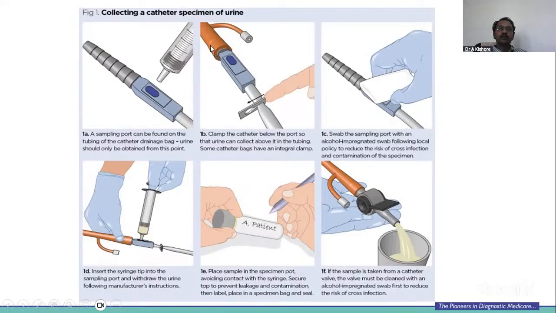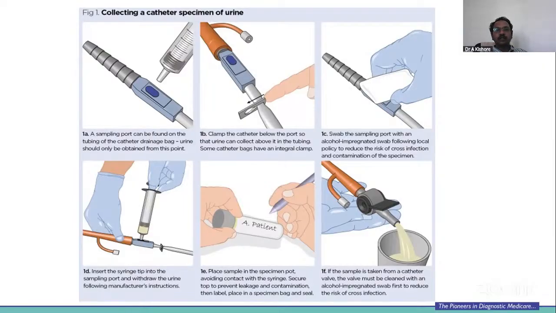This is the catheter which is going into the urethra of the patient, and distal to that part you clamp it initially so that the urine will not pass into the bag. Now clean the port with an alcohol-impregnated swab, and then dry it. Once you dry it, put the syringe into that port and withdraw the urine.